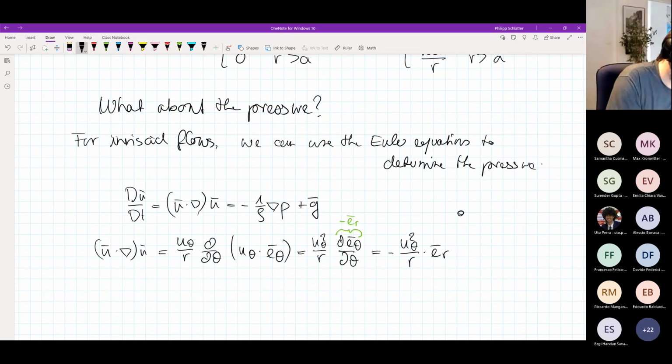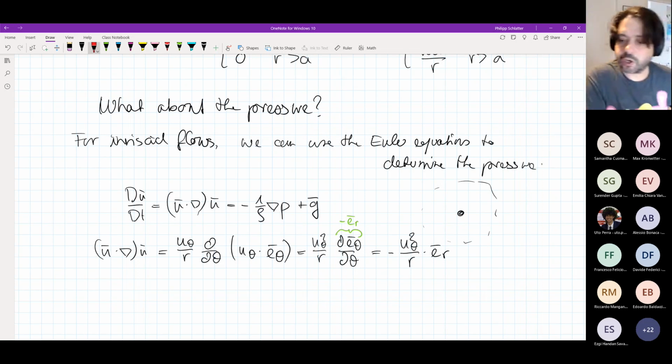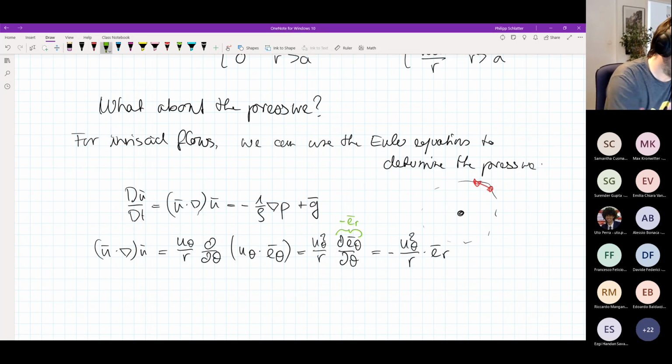So just do a sketch here. We have here a center, and we kind of are on a circular streamline. So we kind of go around on this circular streamline. Then we see that the acceleration is actually in the negative ER direction. So this would be in the direction of minus ER.